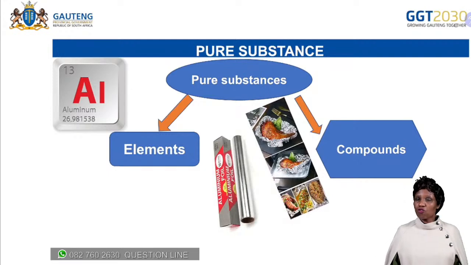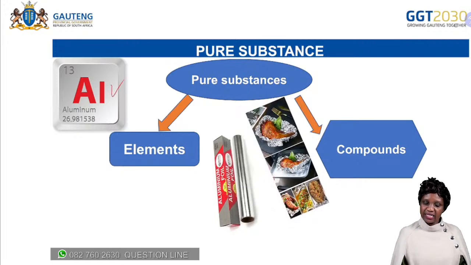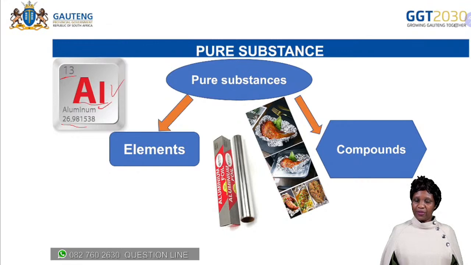For example, we've got an element, aluminium. You see aluminium? It has got the atomic number 13. And then this is a what? A chemical symbol, and the name is aluminium, and then the atomic mass is 26.981538. This is an element, aluminium.